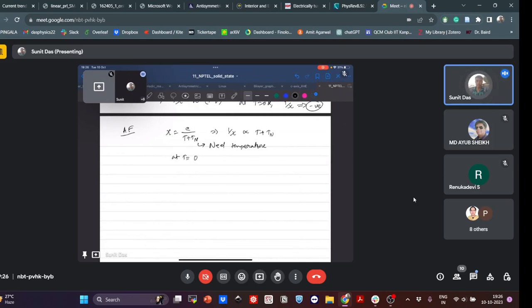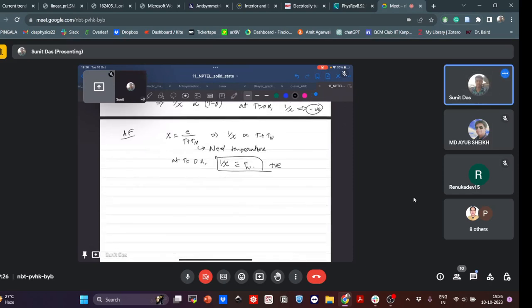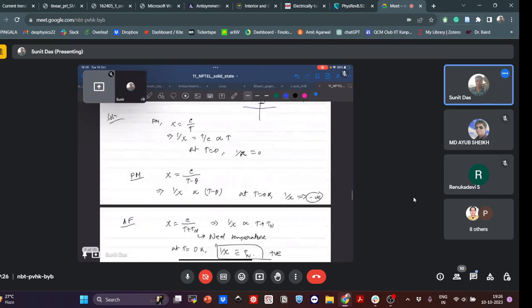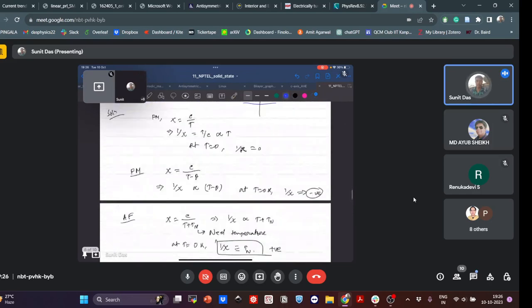That means at T equal to 0 Kelvin, 1 by chi will have some value equivalent to Tn, so some positive value. That means A is antiferromagnet. So these are the rationale behind the correct answer A. Okay, next question.